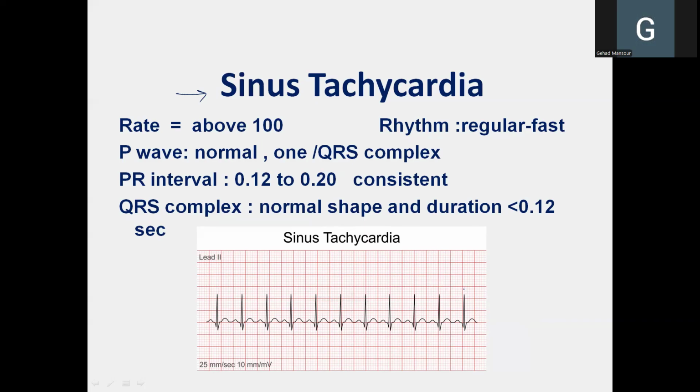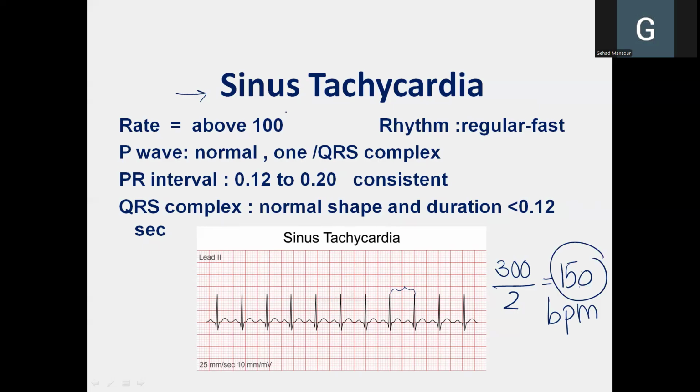Once you look at the ECG, you might deduce automatically that this is a rapid heart rate because between two successive R peaks we have two big squares, which means that the rate is 300 over 2, which is 150, and you have to write beats per minute. So the heart rate is 150 beats per minute.